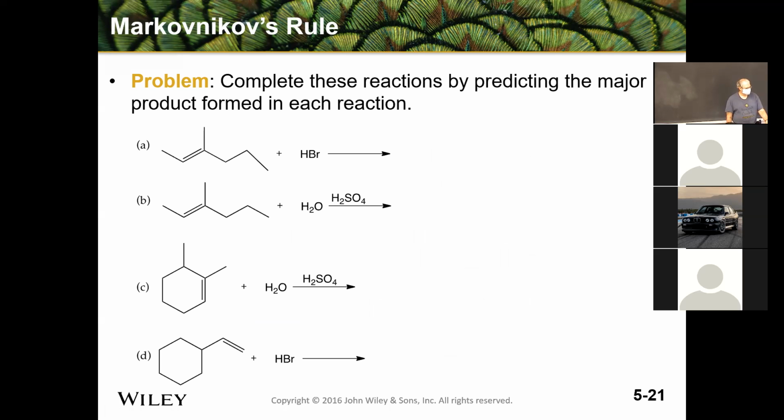So we should be able to predict what the products will be here. Let me move the camera over just a little bit here. Okay, so for the first one, our double bond is here, and we're adding HBr.